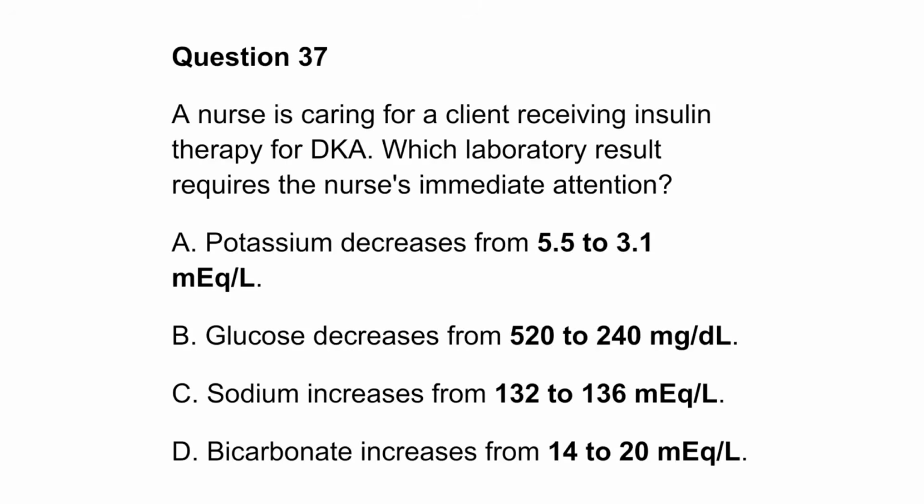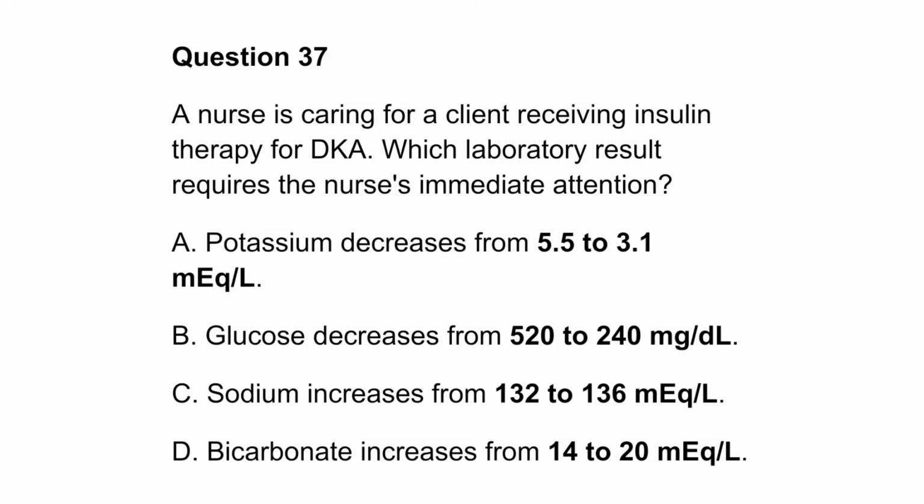Question 37. A nurse is caring for a client receiving insulin therapy for DKA. Which laboratory result requires the nurse's immediate attention? A. Potassium decreases from 5.5 to 3.1 milliequivalent/L. B. Glucose decreases from 520 to 240 milligrams per deciliter. C. Sodium increases from 132 to 136 milliequivalent/L.